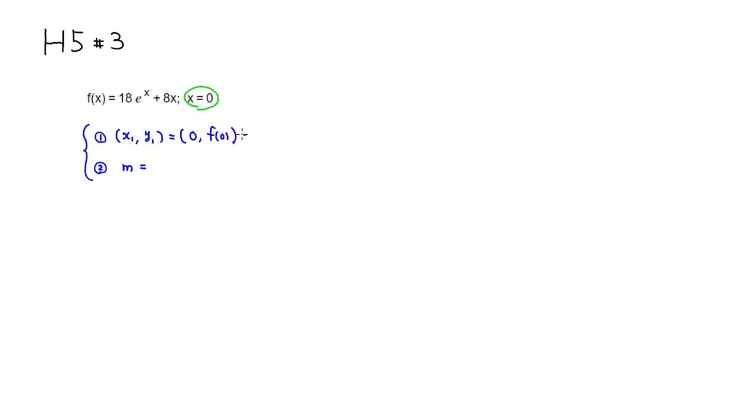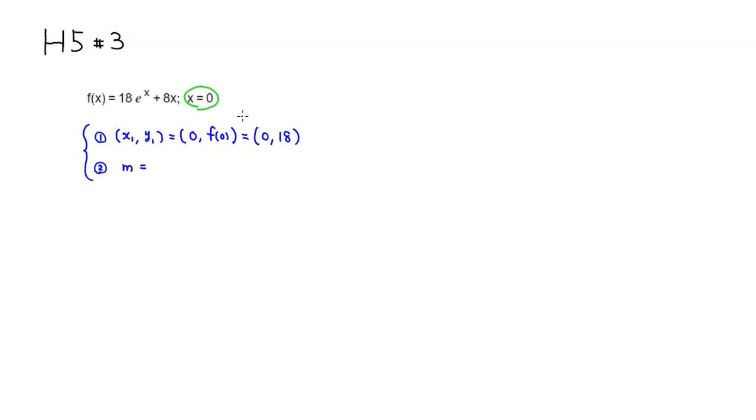Its x coordinate is 0. If you plug in 0 here, e to the 0 is 1, so you have 18 plus 8 times 0, which is 0. So 18 plus 0 is 18. We found a point on that line: (0, 18).